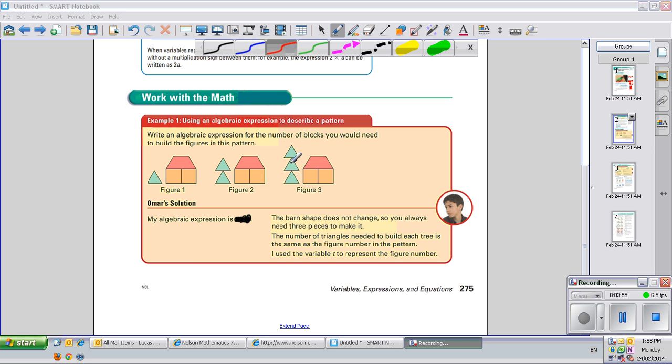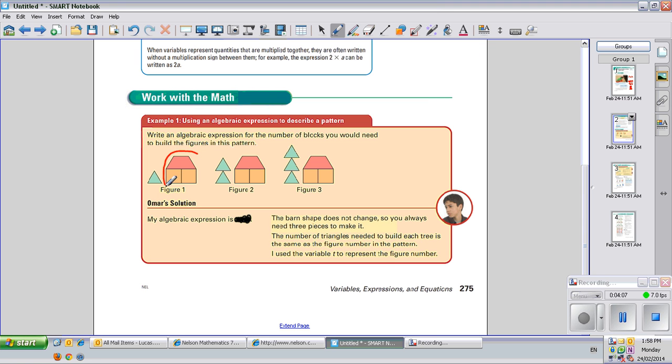And in figure 3, we have three triangles, two rectangles, and a trapezoid. Once again, we will look for what stays the same and what changes in these pictures. So if you look, the two rectangles and the trapezoid stay the same, and the triangles change.